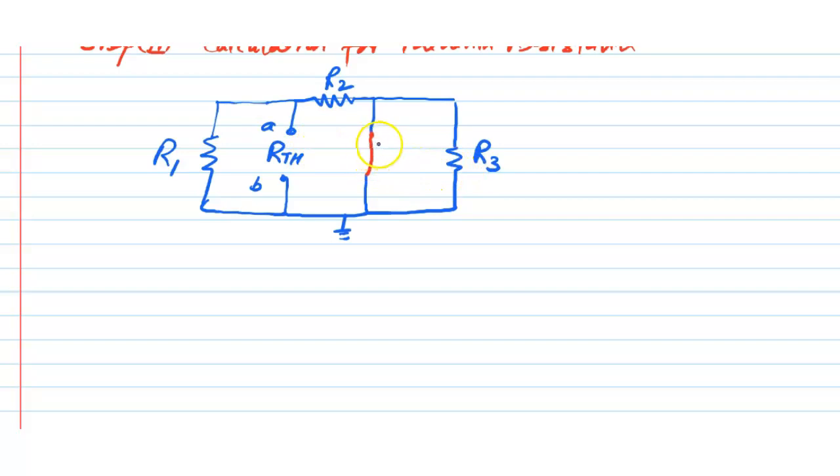So let's find out the equivalent resistance of these two resistances. Suppose there is an internal resistance of the voltage source appearing here, then they are in parallel. Suppose the internal resistance is equal to 0.